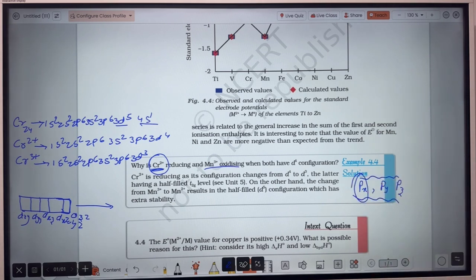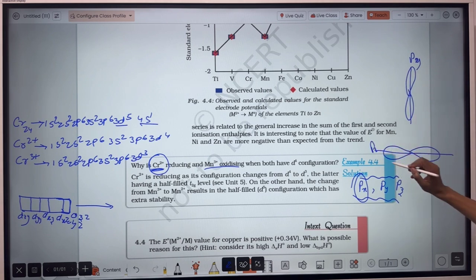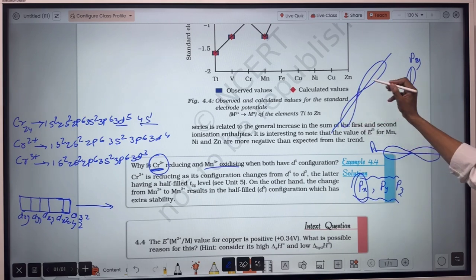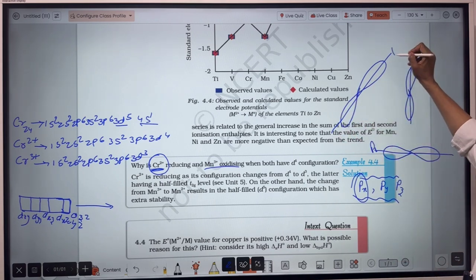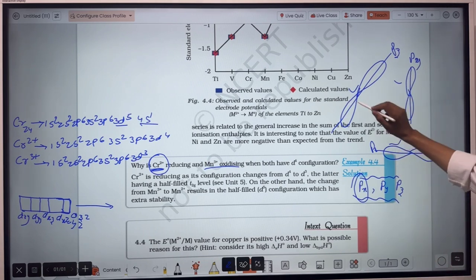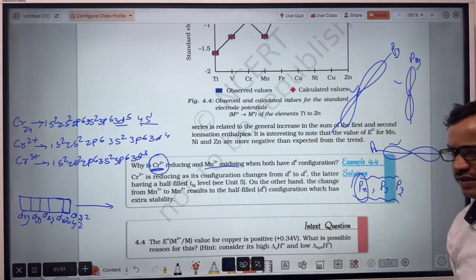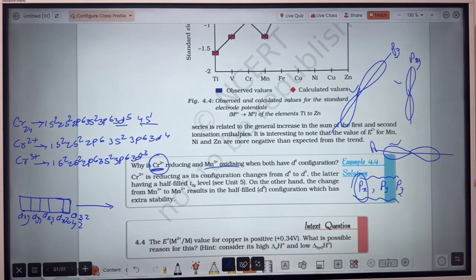Px will be along the x-axis, py will have its lobe along the y-axis, and pz will have its lobe along the z-axis.